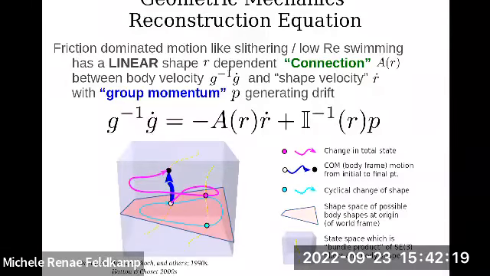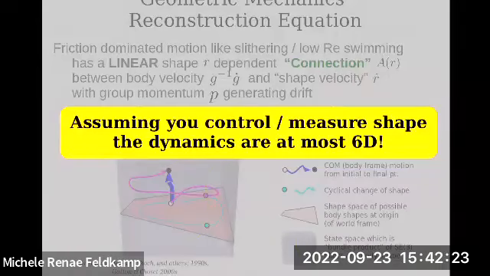And so, the way to conclude, what you can conclude from that equation is, if you can control and measure the shape of your own body, your dynamics are actually at most 6-dimensional. Now that's where we actually are in robotics.